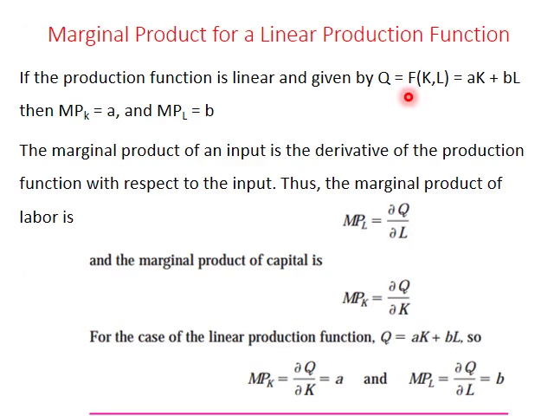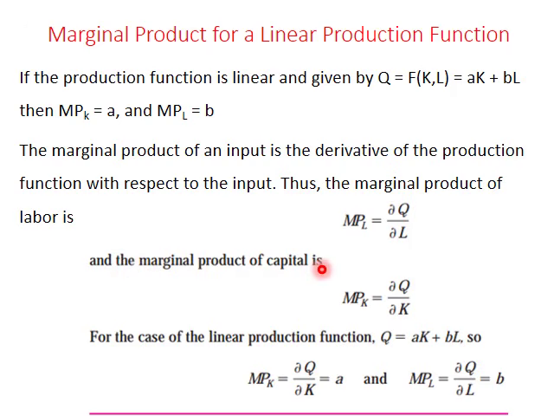If the production function is expressed by a linear equation, that is Q as a function of capital and labor equal to AK plus BL, the marginal product of K is A and the marginal product of L is B. Marginal product can be calculated by the first derivative of the total product.